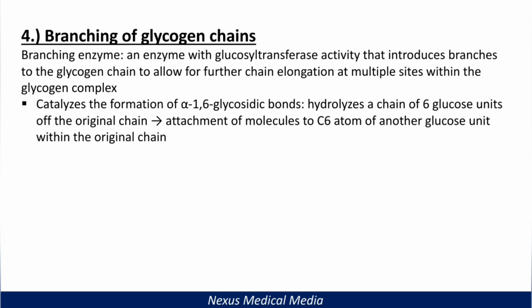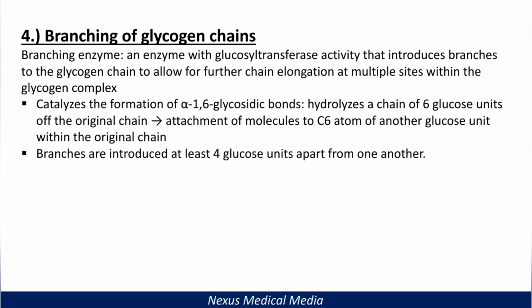So it catalyzes the formation of 1,6 glycosidic bonds, and this happens by hydrolyzing a chain of 6 glucose units of the original chain. I will just show you using a picture. And then attachment of the chain to carbon number 6 of another glucose unit within the original chain. And these branches are introduced at least 4 glucose units apart from one another.